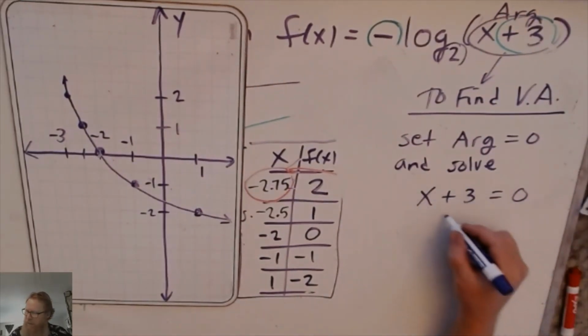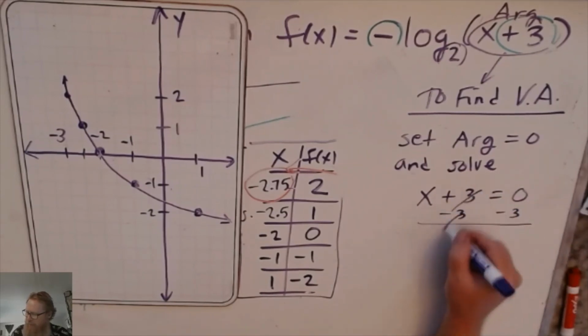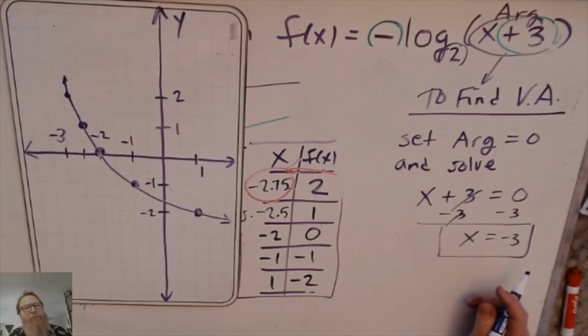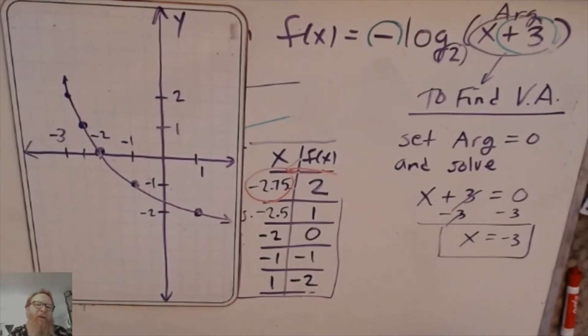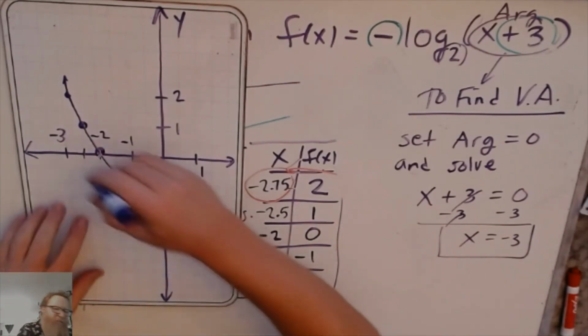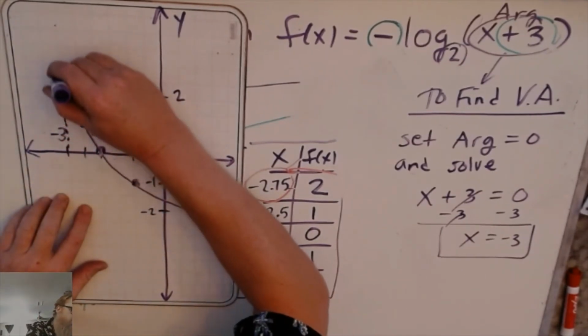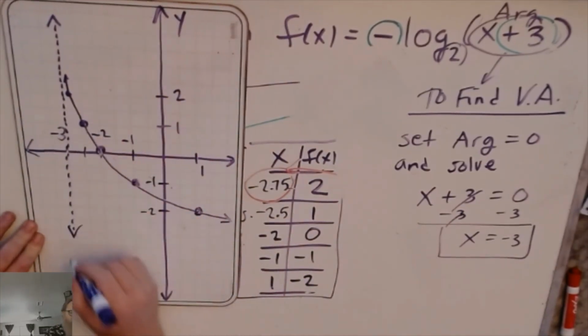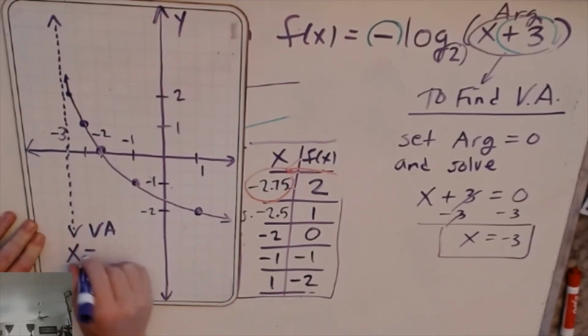It will always be very easy to solve. I will never give you an equation that you shouldn't already know how to solve based on your experience. So this is the vertical asymptote, negative 3. That's what we call the VA, x equals negative 3.